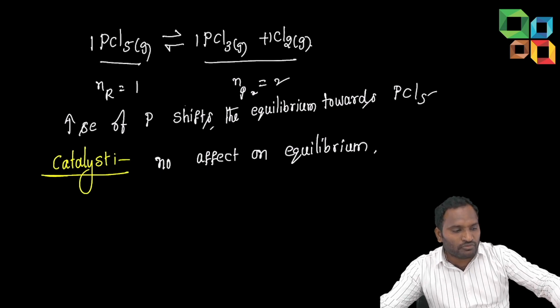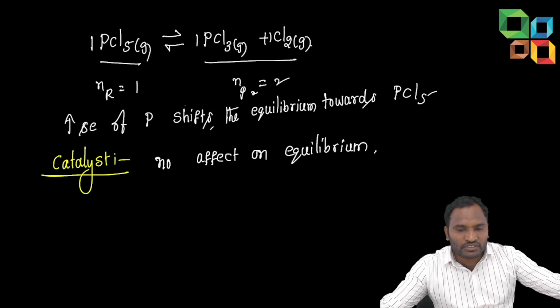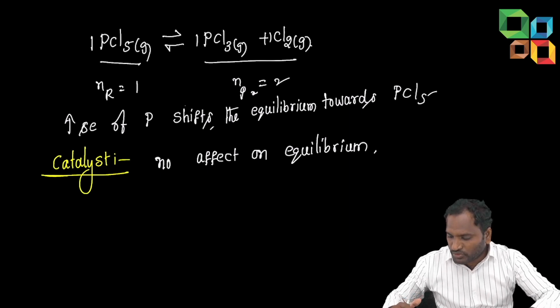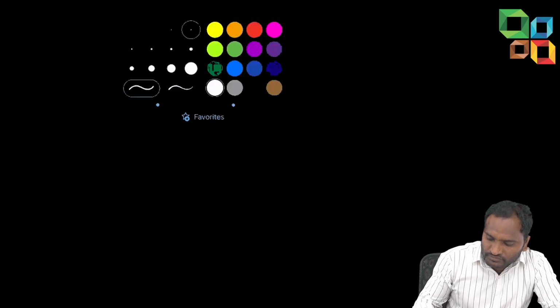Shall we do a few applications with this concept, this equilibrium chapter over? And one small topic I left, nothing is there: types of equilibria. Easily can understand.